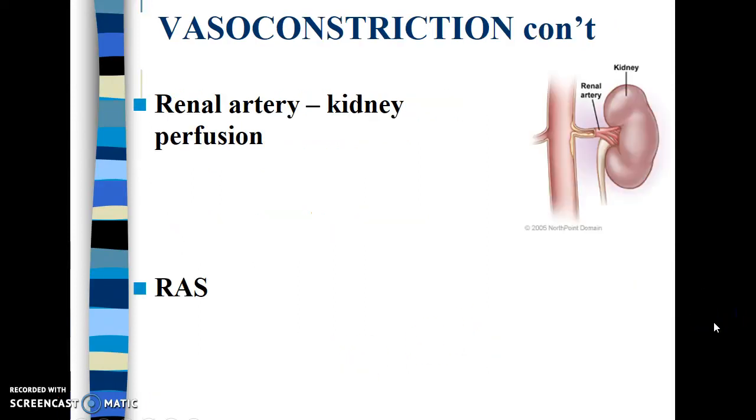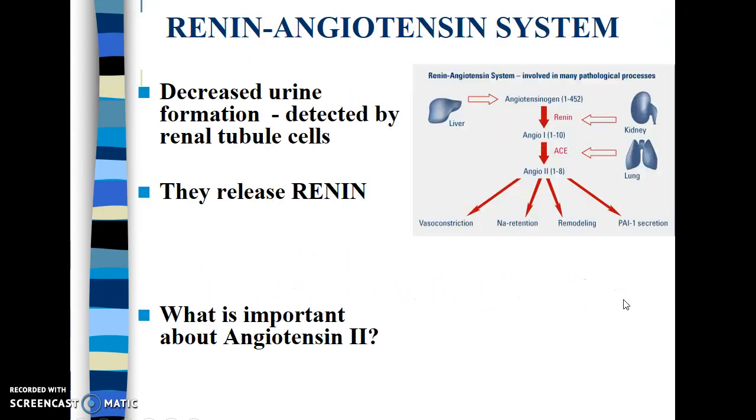So, when we have a decrease in renal perfusion, we're going to start into another group of actions that happens to help increase the blood pressure, and that is the RAS, or the renin-angiotensin system. So the first thing it's going to do, that's why I had the little picture of the dog, is to decrease urine formation.